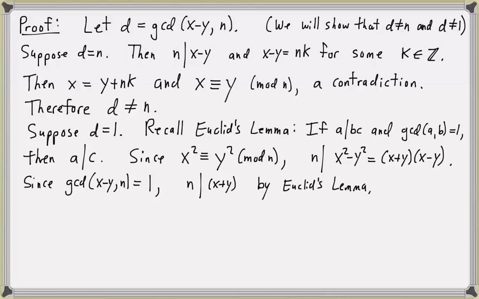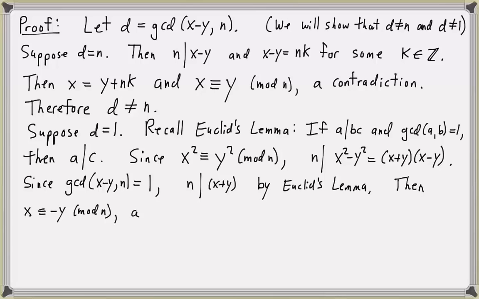But then x plus y is a multiple of n, and x would therefore be congruent to negative y mod n.